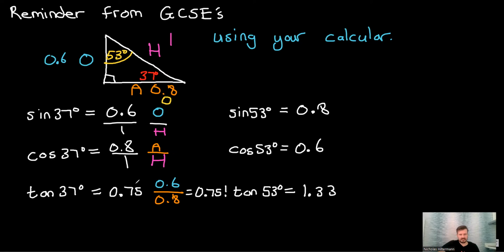And tan 53 is now, because it's just switched these angles around, the 0.6 over 0.8. Okay, so that last bit was a little bit confusing, but what we can see there is that we end up with these two being reciprocal.